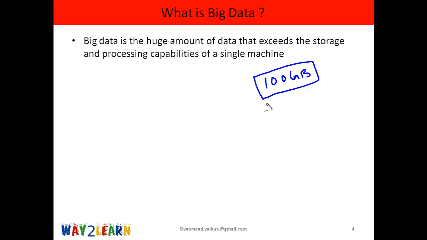Yes, of course, you can process 100 GB using a single machine, but the processing will be slow. So what we want is parallel processing of bulk data, right? There are some technologies like Hadoop which can help in that.